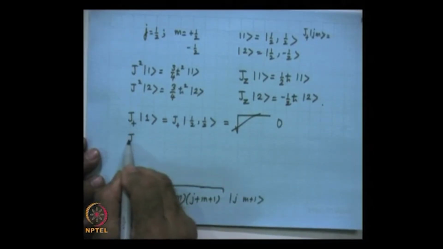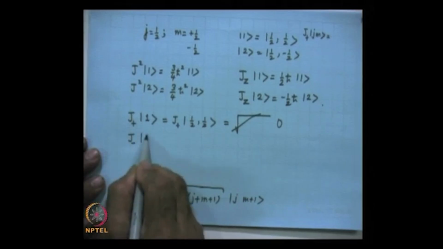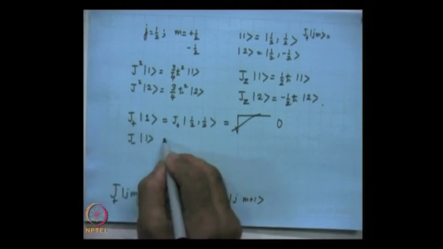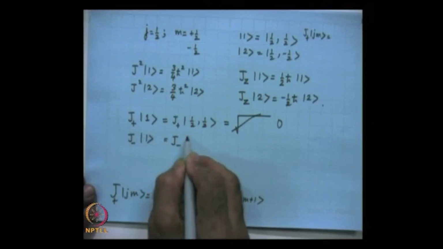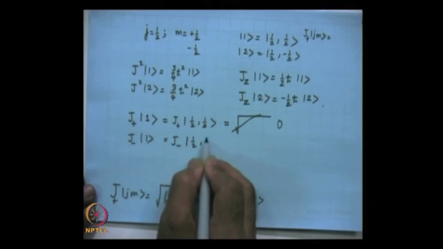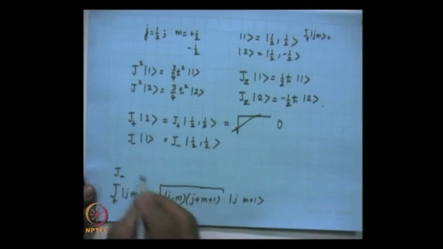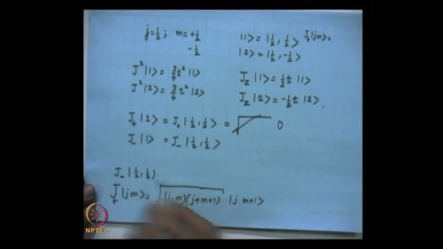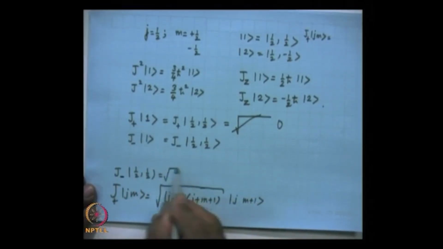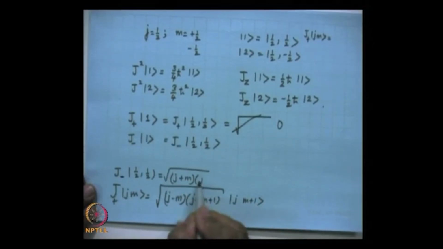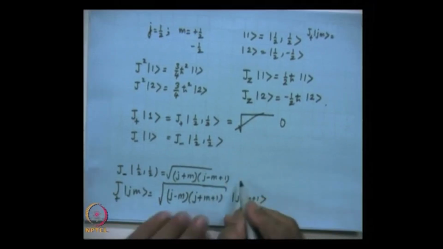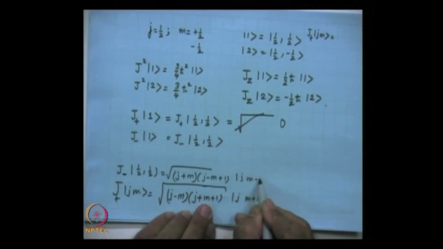And J minus ket 1 will be J minus ket half, half. So, this will be, please see this, J minus ket half, half will be under root of (j plus m) into (j minus m plus 1), ket j comma m minus 1.